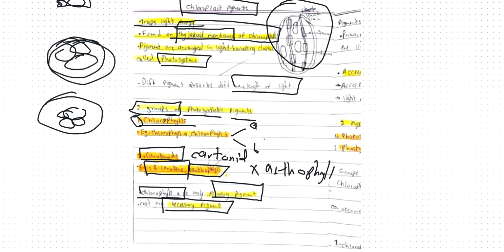So I want to focus on chlorophyll. Chlorophyll is of two types, A and B. Chlorophyll A is called the primary pigment.